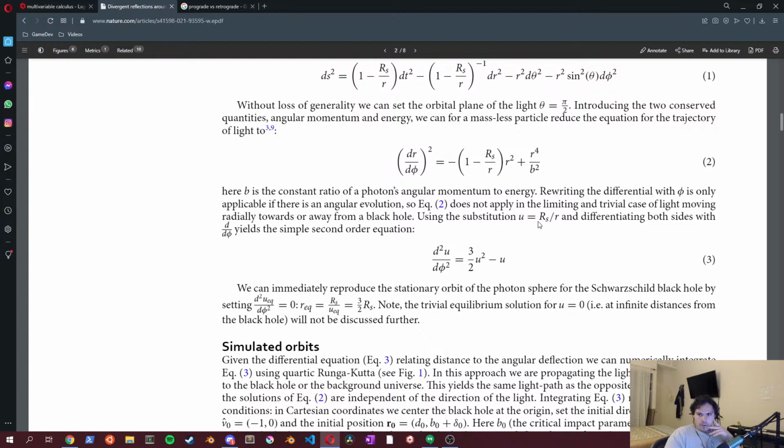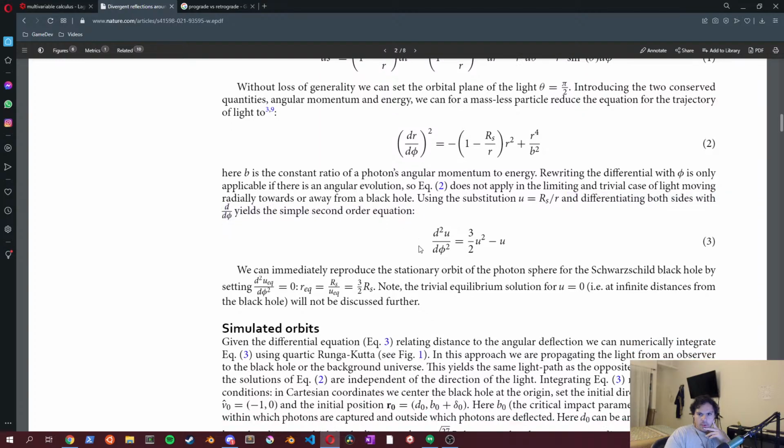Using the substitution of u as the Schwarzschild radius over r, and differentiating both sides with respect to phi gives us a second order differential equation in u.